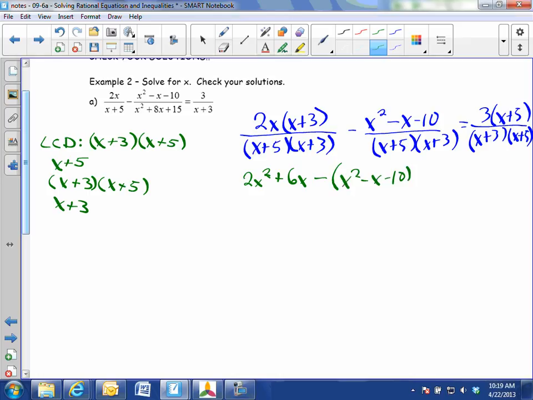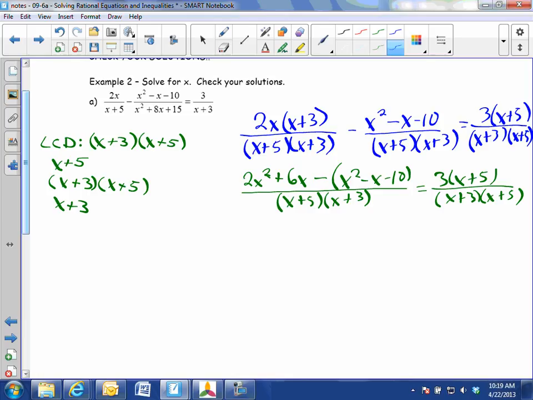Make sure you put them in parentheses because we want to subtract everything. Because you get to cross out the bottom. Oh, yes, because they're the same. We could just work with the top, yes. Because the denominators are the same now, so all we're worried about is the top.